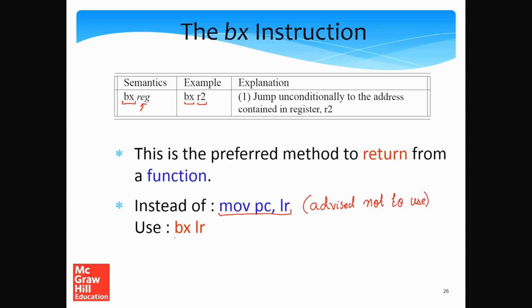But if the BX instruction is provided, which is the case in at least most ARM processors, what we are supposed to do is BX LR, which basically means take the address that is there inside the link register and jump to it. That's basically the idea. So instead of moving LR into PC, which is what we saw in the previous slide, a much better idea is to use BX LR, where we jump directly to the contents of the LR register.